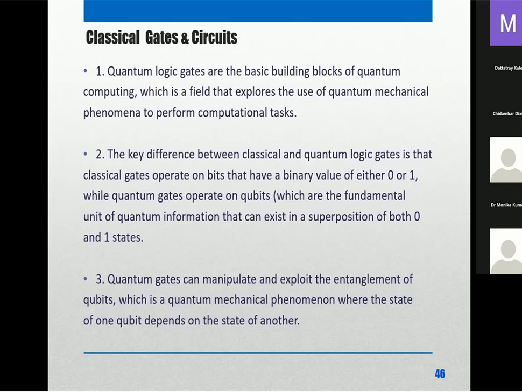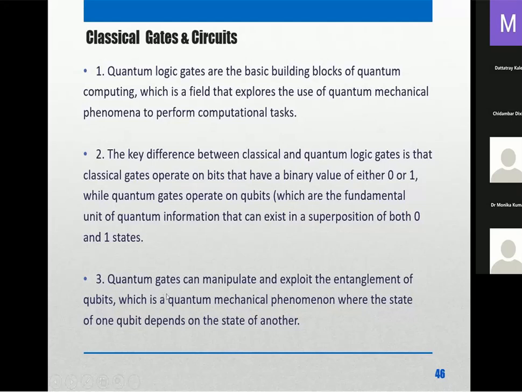The key difference between classical and quantum logic gates is that the classical gate operates on bits that have a binary value of either 0 or 1, while quantum gates operate on qubits, which are the fundamental unit of quantum information that can exist in a superposition of both 0 and 1.